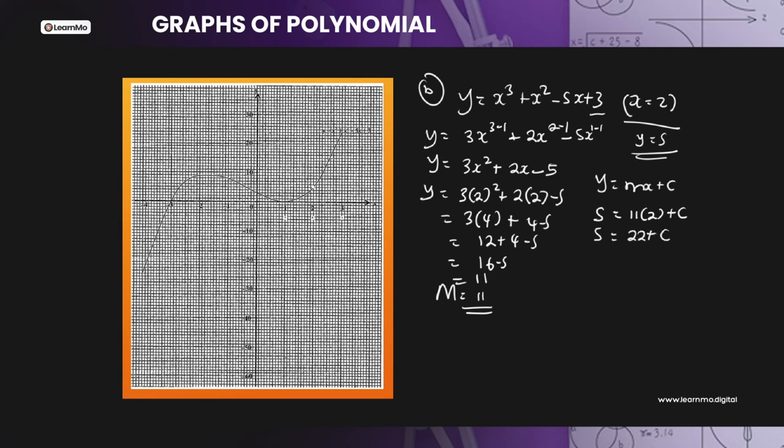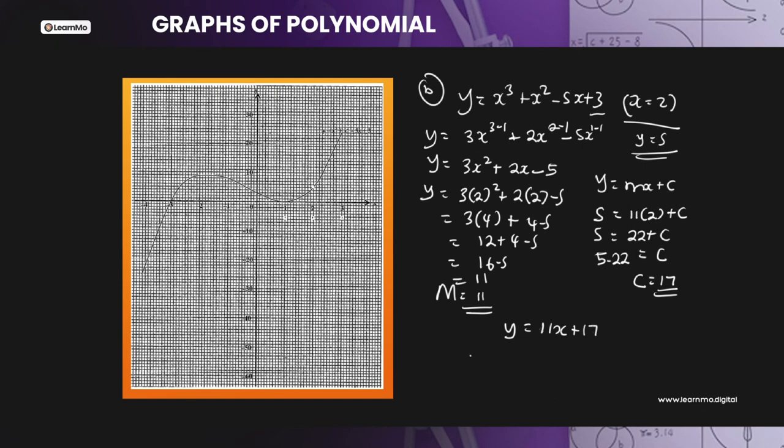So c is equal to 5 minus 22, which is negative 17. That's your y-intercept. Then you get the equation again: y is equal to your gradient 11x, plus c. From there you have found your equation.